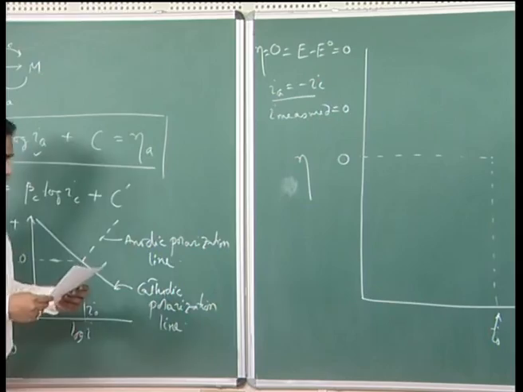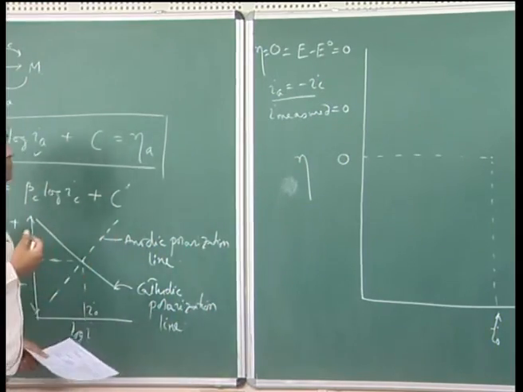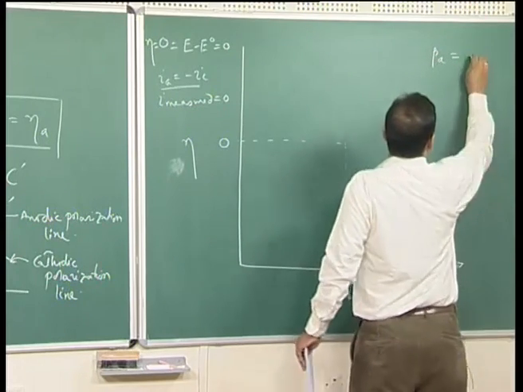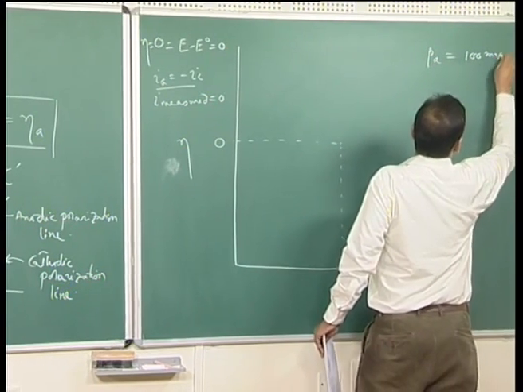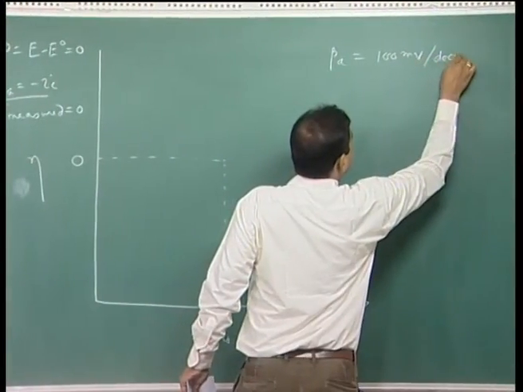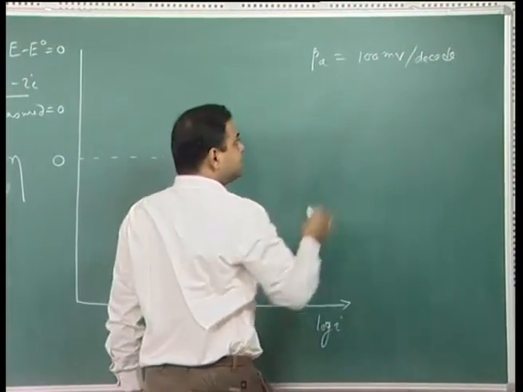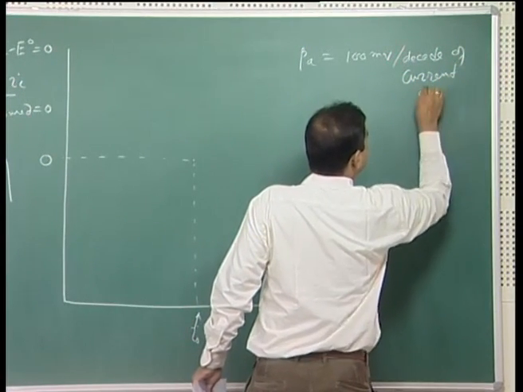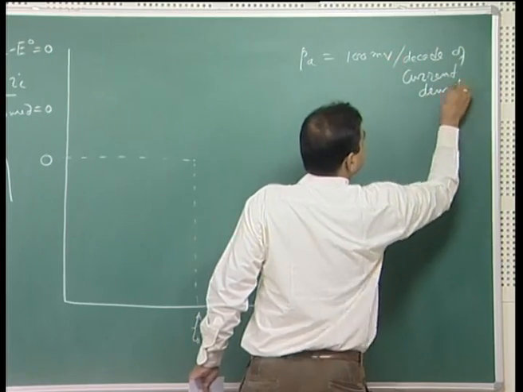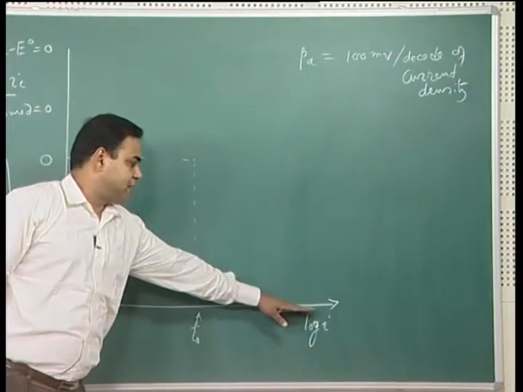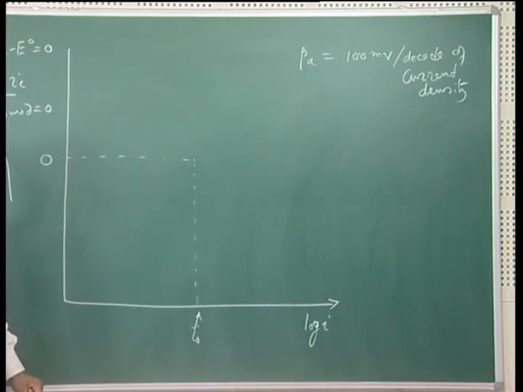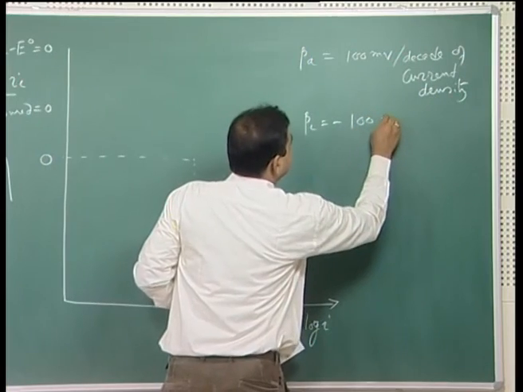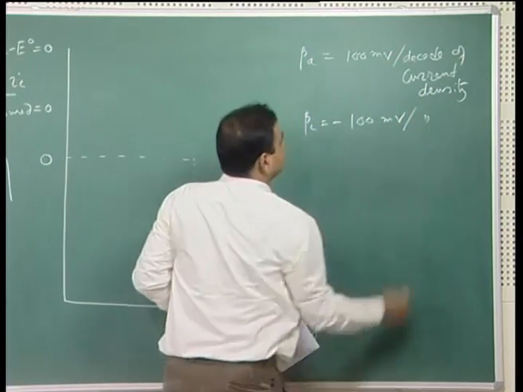Now, let me take some reasonable values. Let us say beta A, let me take it as 100 millivolt per decade of current density. Since I have log I on the x axis, so millivolt, and beta C is equal to minus 100 millivolt per decade of current density.